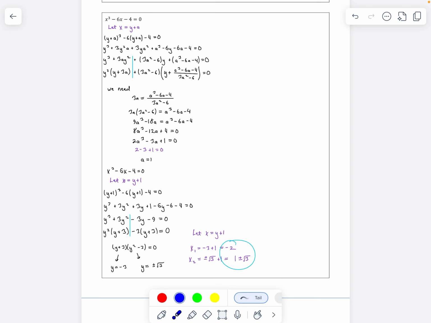However, we got lucky because 2 minus 3 plus 1 is 0, revealing to us that 1 is a solution to that depressed cubic equation. So we then made that substitution. It gave us a polynomial that was in fact factorable by grouping. We did that. We got those two solutions. Substitute back to get the final solutions.